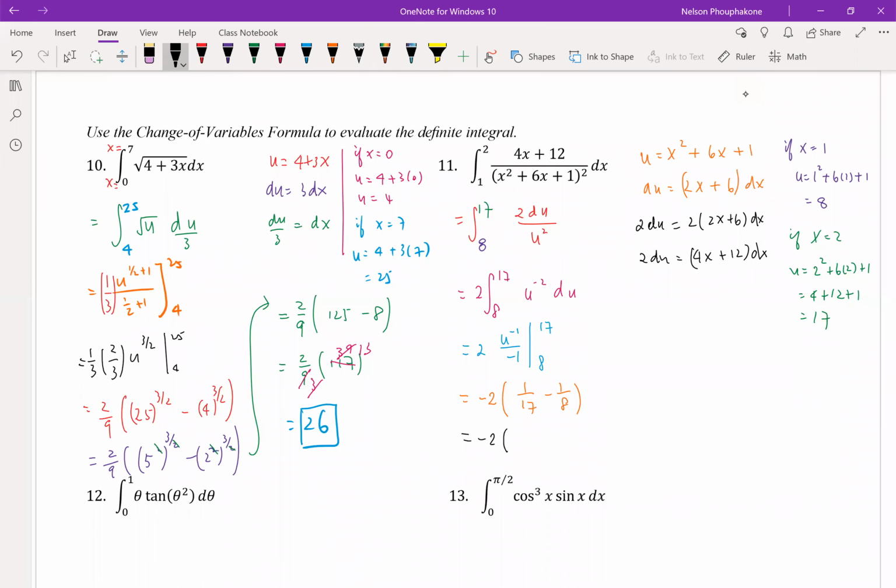Okay, so this one will be 8 over 17 times 8 minus 17 over 8 times 17.